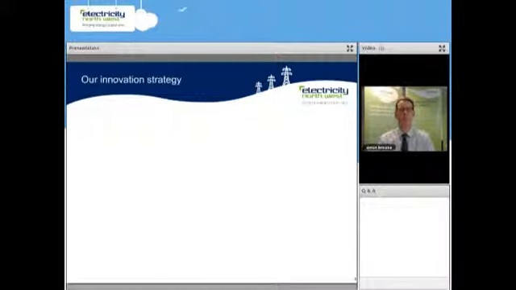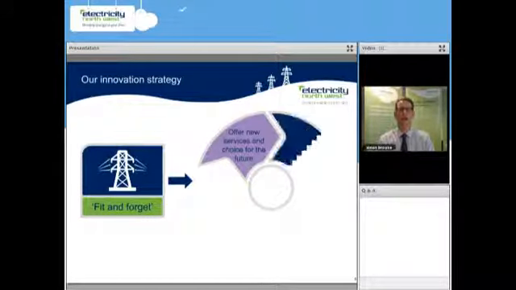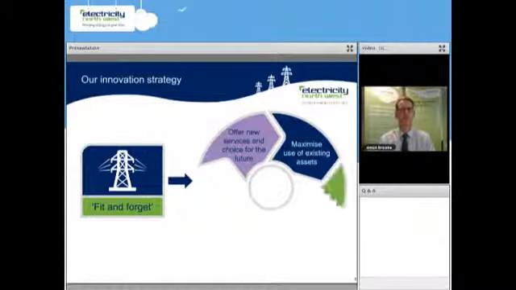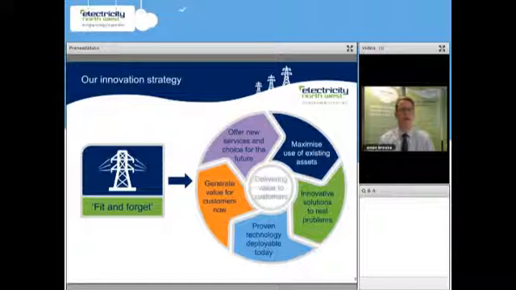Okay, so just to recap for everyone, all the DNOs have moved from a world of fit and forget, where we're operating very passive networks, into more active networks. And we based our innovation strategy around trying to maximise the use of the existing assets that we have, those assets that have already been paid for by our customers.